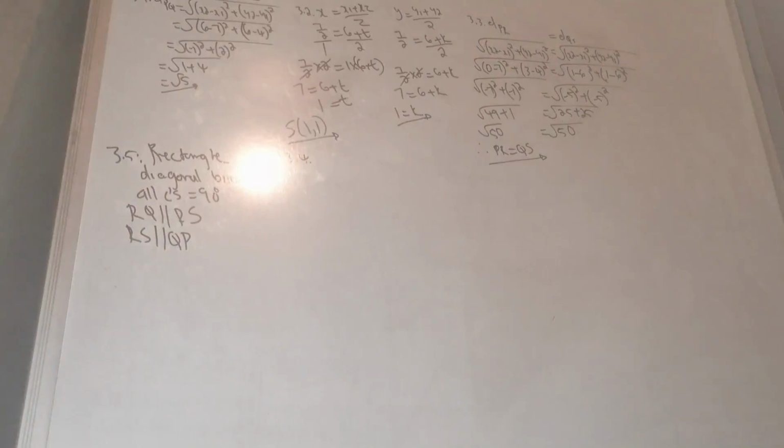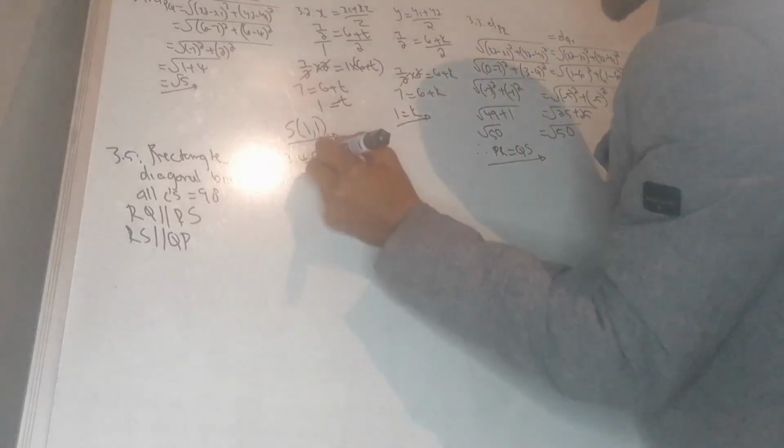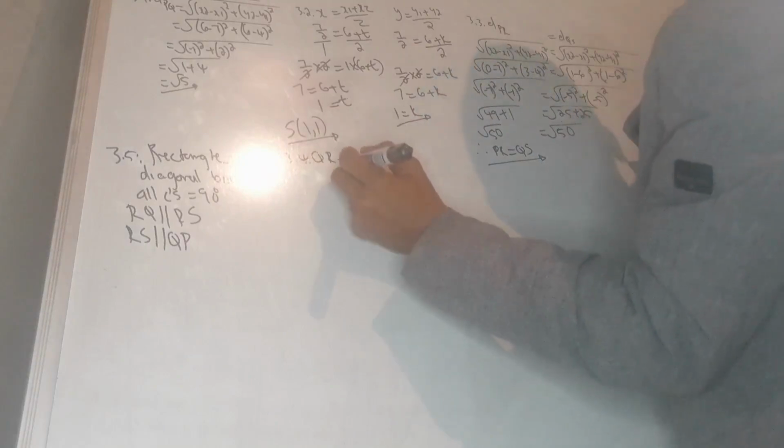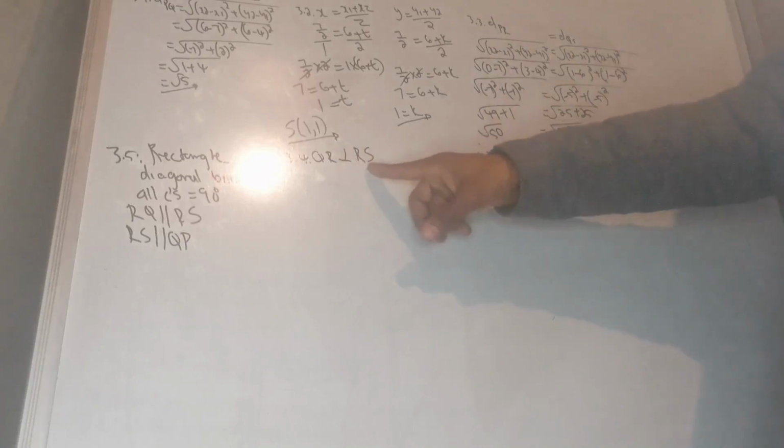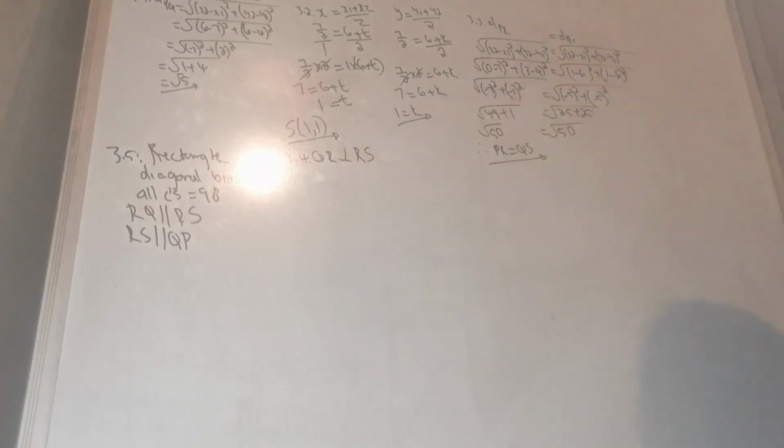Show that QR is perpendicular to RS. I know that the gradient of QR multiplied by the gradient of RS must give us negative 1. So how about the gradient of QR?